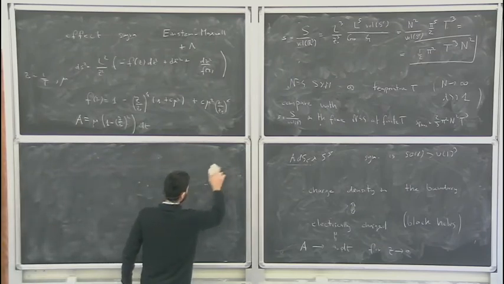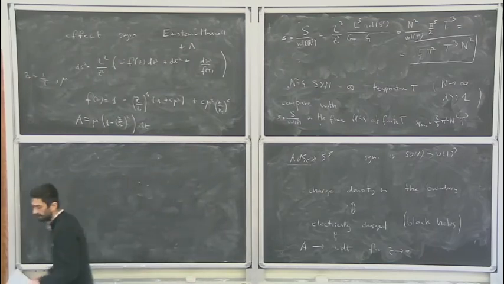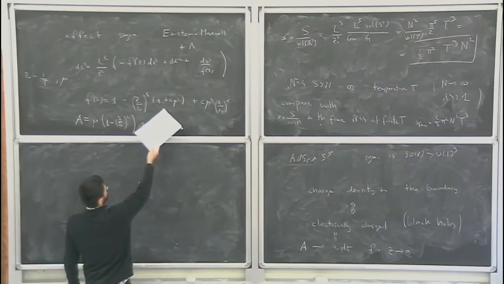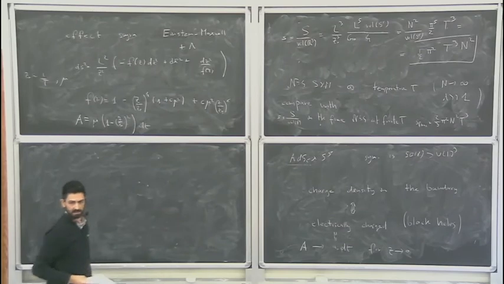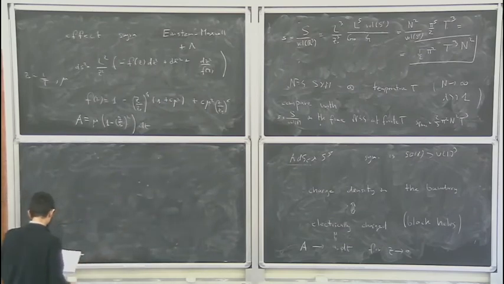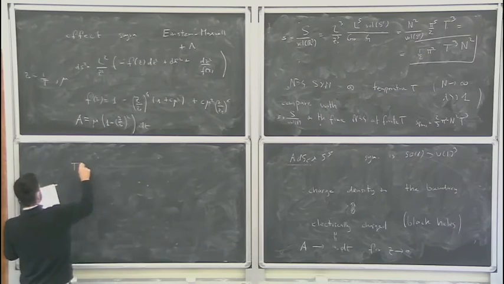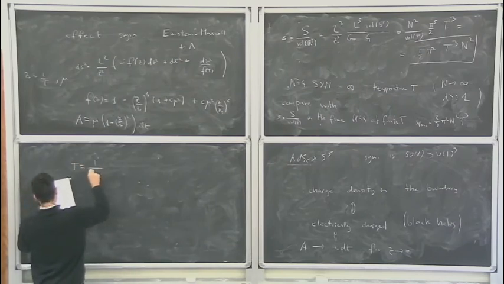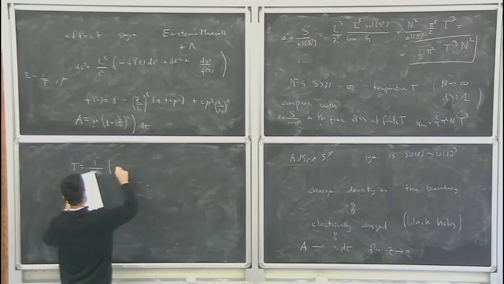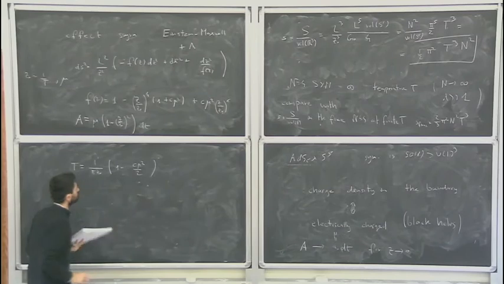So for the metric part, the discussion that we did earlier is almost completely unchanged. It's just that there is a different factor here to consider. This is subleading, so it doesn't really matter. So there is a temperature that one can fix, and it's given by T equals 1 over pi z star, which is exactly what we found before, and then a modification which is 1 minus c mu squared over 2.